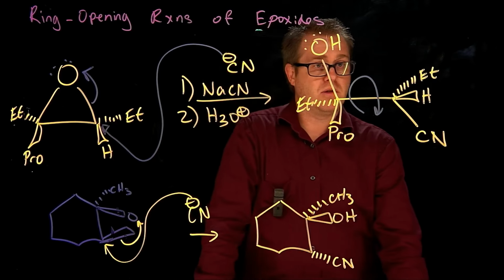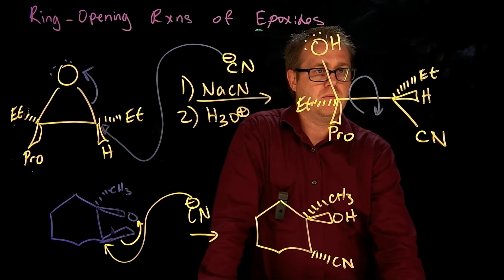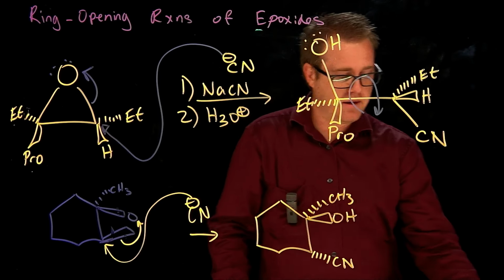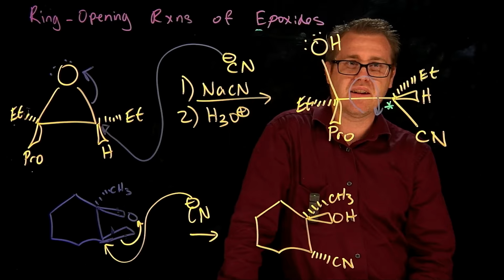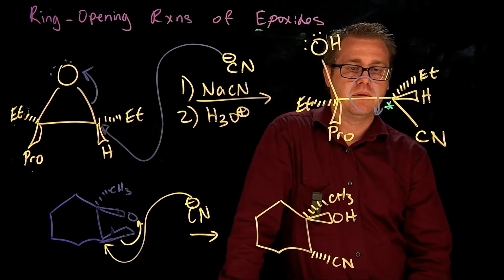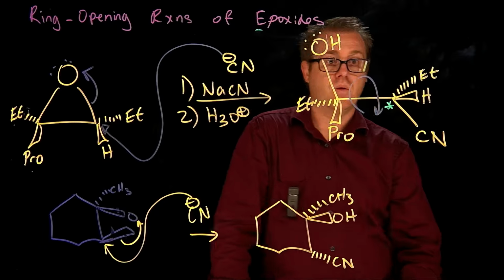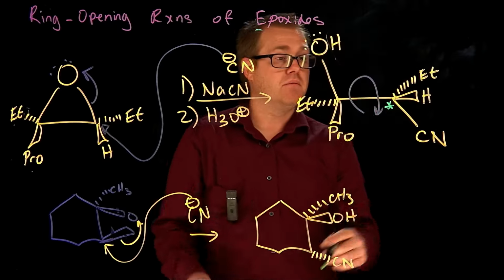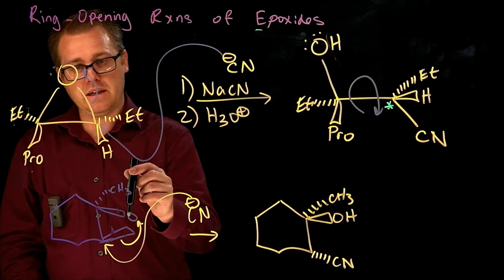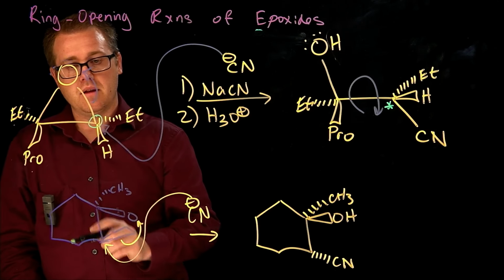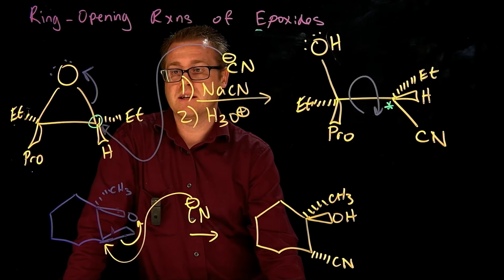So why is that so important here? Because what did we generate here? What do we have? We have a stereocenter. And so if we have a stereocenter, is it R or S? But look at this, an interesting thing here. That carbon right there, that's a stereocenter as well, right?